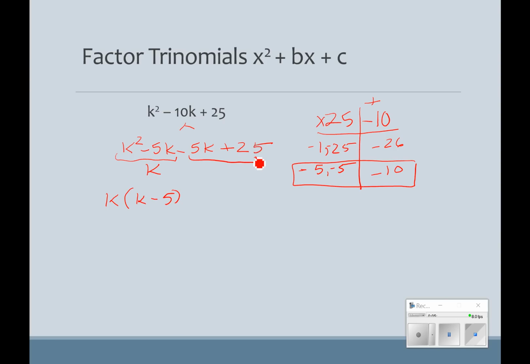Here, since remember we want our binomials to be the same, we're going to factor out a negative 5. Negative 5k divided by negative 5 gives us a positive k, and 25 divided by negative 5 gives us a negative 5. Our binomials are the same, k minus 5.